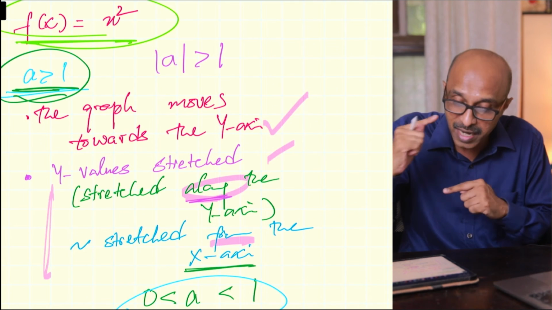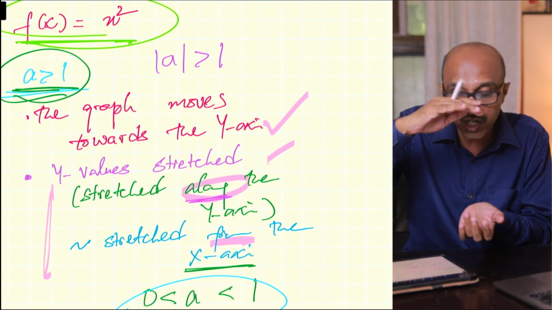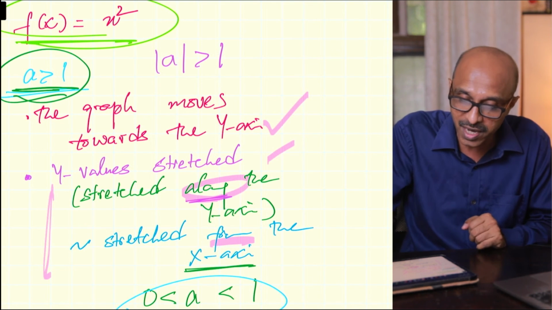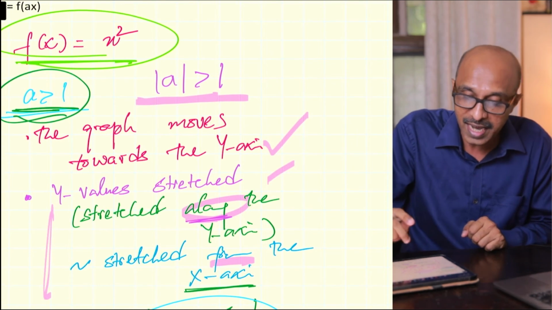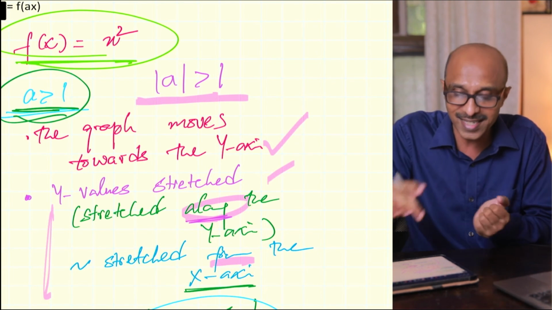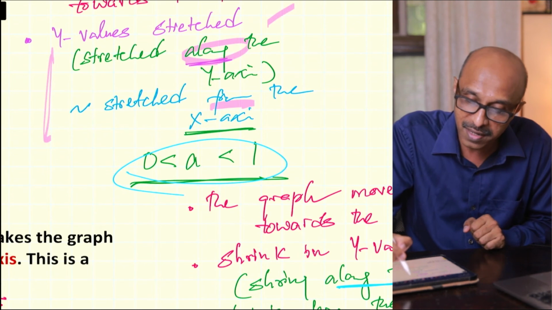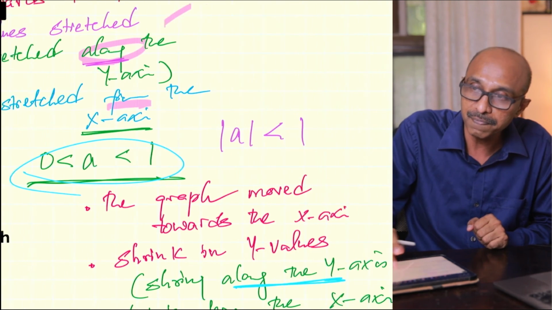Remember those words, okay? Semantics, but important semantics. Stretched along the y-axis, but stretched from the x-axis, okay? So as long as the absolute value of a is greater than 1, it's a stretch along the y-axis, stretch from the x-axis, okay? But when the absolute value of a is less than 1, okay?